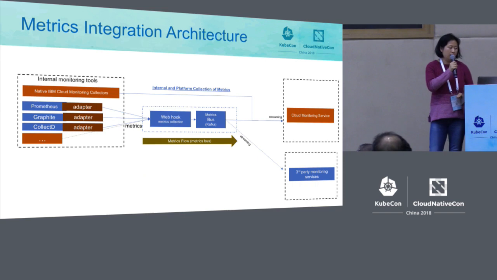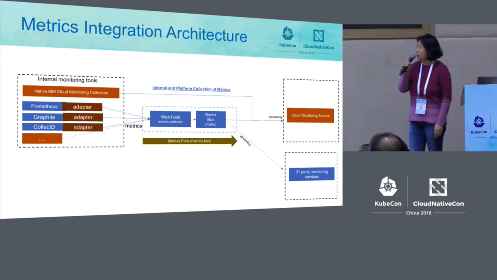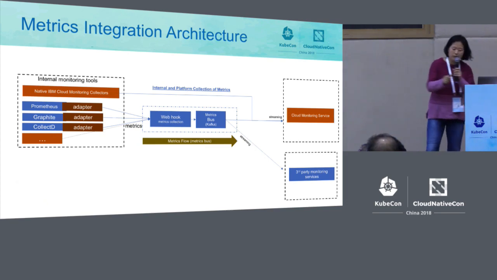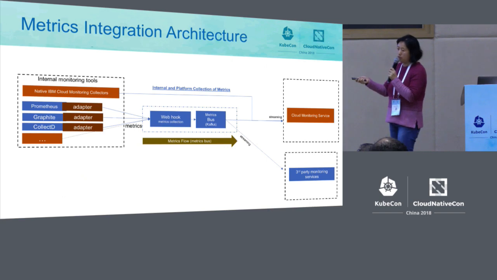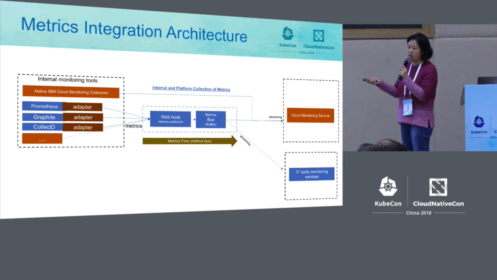So based on all of the above-mentioned problems, our team has such a metrics integration architecture. If you look at the left-hand side, here are the previous or traditional solutions. In terms of Prometheus, we have our own adapter, some teams use Grafana, while others use CloudD, and there are a lot of other self-developed solutions.